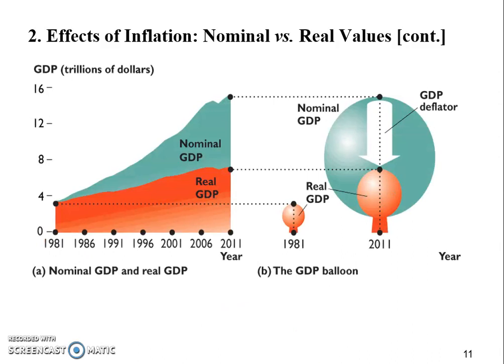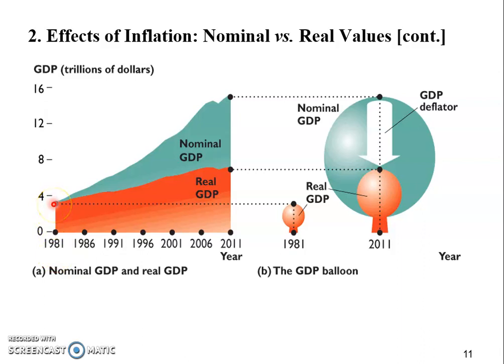Now, to better show you the difference between nominal and real GDP, we pick a sample period of 3 decades, from 1981 to 2011, and we take 1981 as the base year.